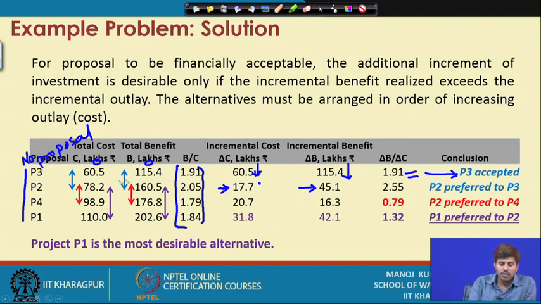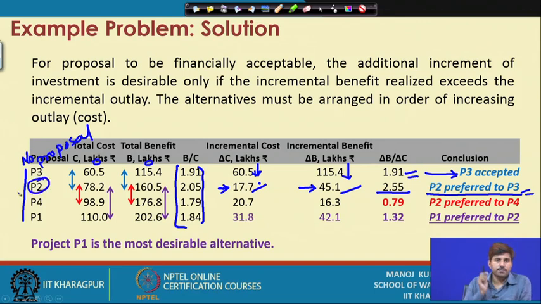The benefits can be subtracted to give 45.1, and the cost subtracted to give 17.7. This gives an incremental benefit cost ratio of 2.55, and since it is higher than 1, we can say that P2 is preferred to P3. Now, our best option becomes P2.